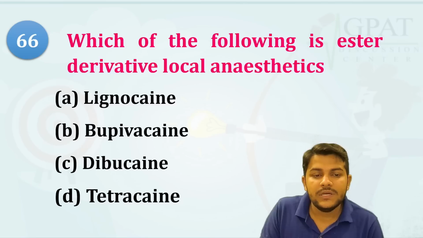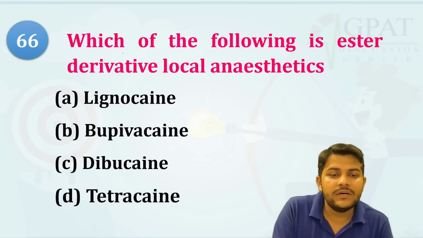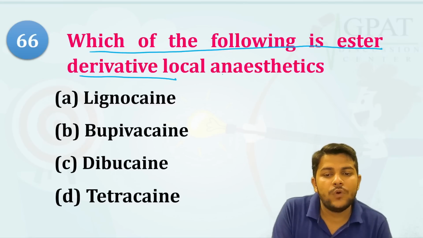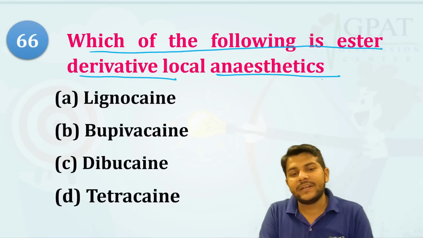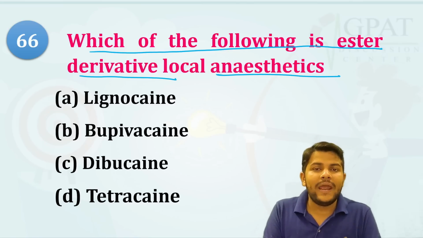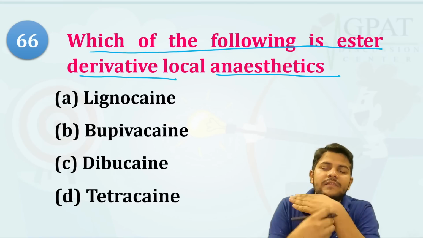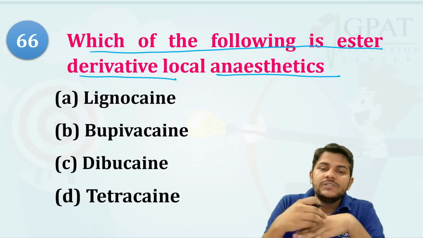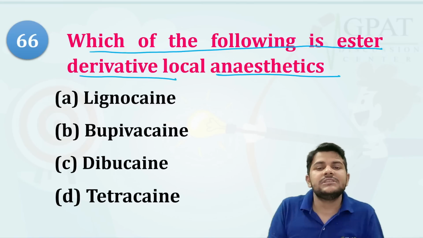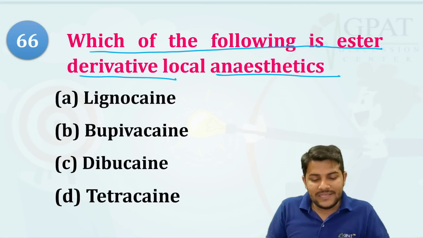So there are two basic classifications of local anesthetic: one is your amide derivative and second is your ester derivative. Got it? Here is a simple trick to follow: in an ester derivative you see a single I, but in an amide derivative you see two I's in their drug name. Lignocaine contains two I's, so it is amide.